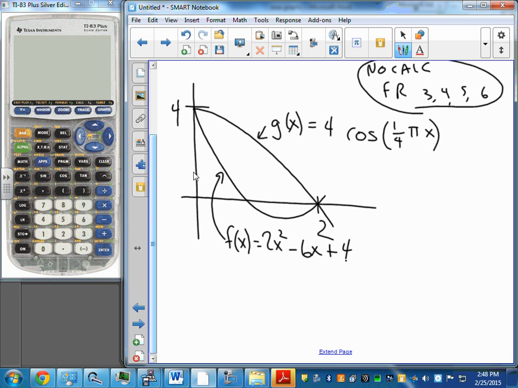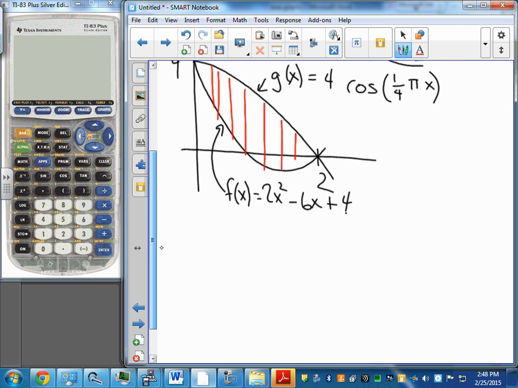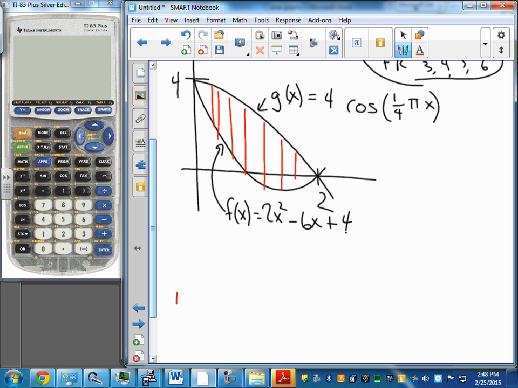Okay, vertically simple. We're going to run our bars like this. So the setup is actually pretty easy to do. It looks like the integration may be the hard bit. So the area is going to be an integral from 0 to 2, right? 0 here, going all the way over to 2.